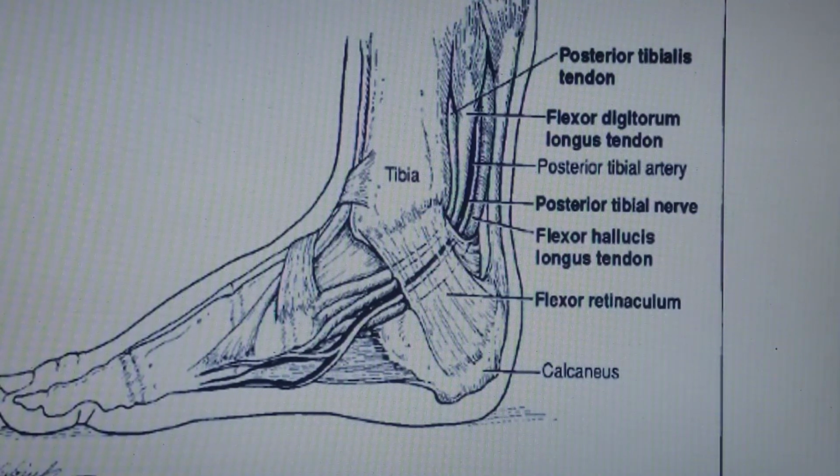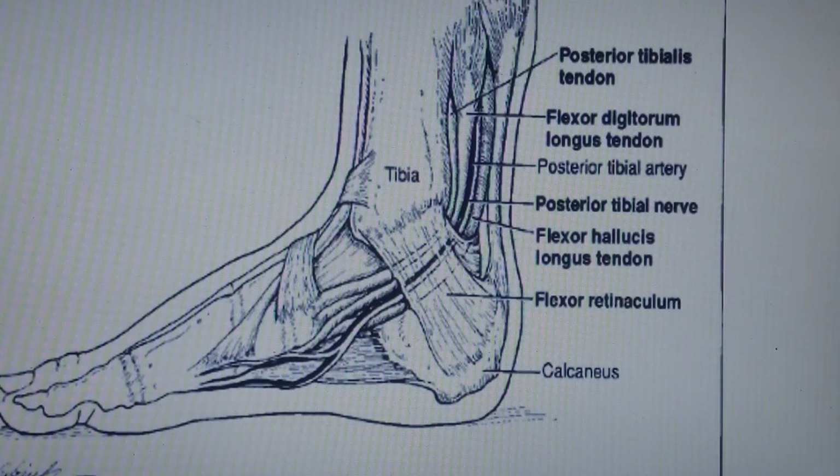So from medial to lateral, we are going to have the tendon of the tibialis posterior muscle, which will be more medial, followed by the tendon of flexor digitorum longus, and then behind that we are going to have the posterior tibial artery, because the posterior compartment is supplied mainly by the posterior tibial artery.